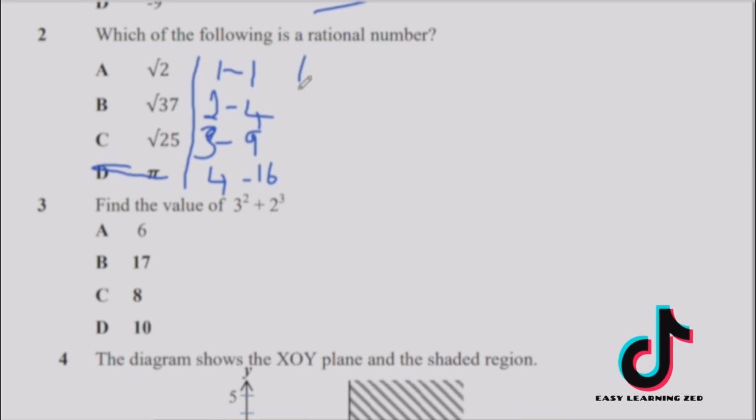Then we have 5, which has the perfect square, which is 25. We have 6, which has the perfect square, 36, and we have 7, which has the perfect square, 49.